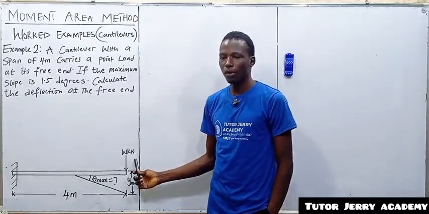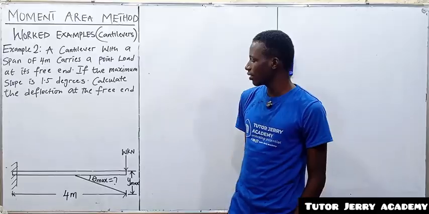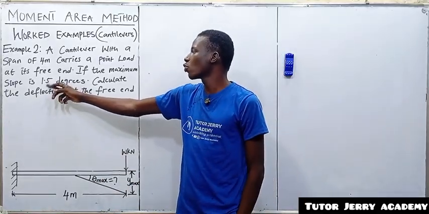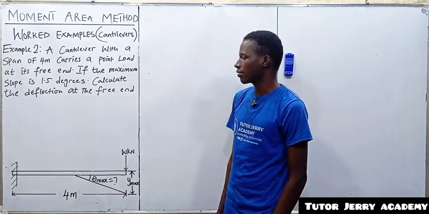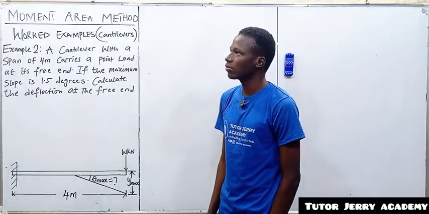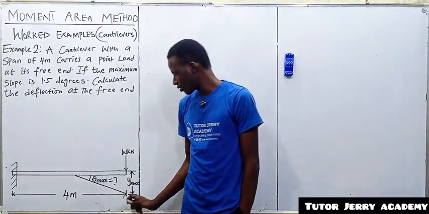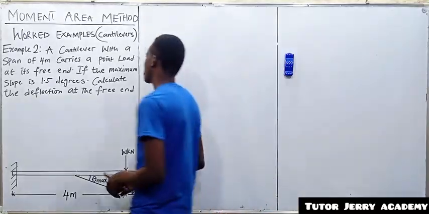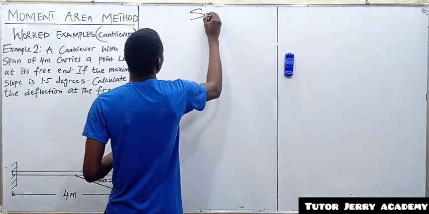We are not given the point load, we are only given the span of the beam and the slope, which is 1.5 degrees. We are asked to calculate y max. So let's bring out our data first.